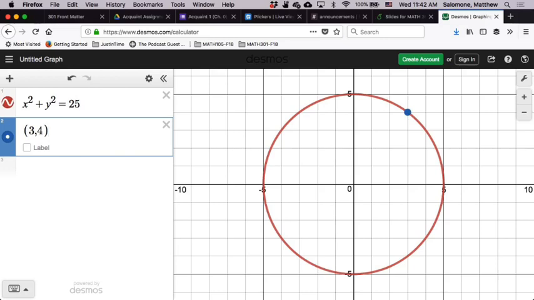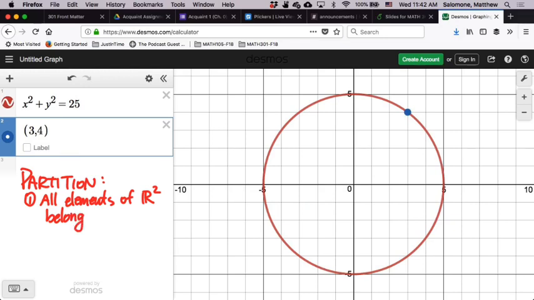What do all of the equivalence classes look like for this equivalence relation? Well, we hope so, because one of the things that is necessary in order to make a partition is that, partition means what? First of all, it means that all elements of our larger set, in this example it's R2, belong to how many equivalence classes? More than one ever?